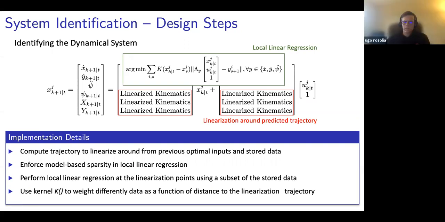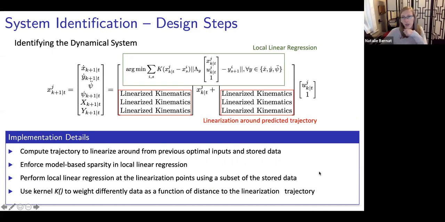Any other questions about this? Okay. So I have a quick question. I noticed that in the previous lecture, you had only one starting trajectory, and in this one, you had 3 starting trajectories.